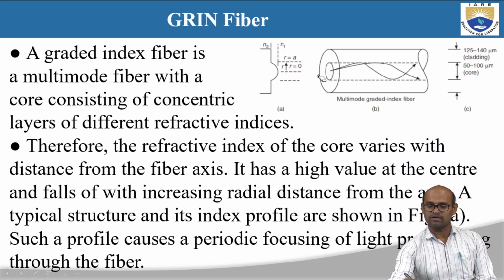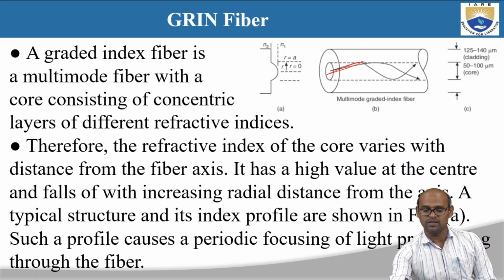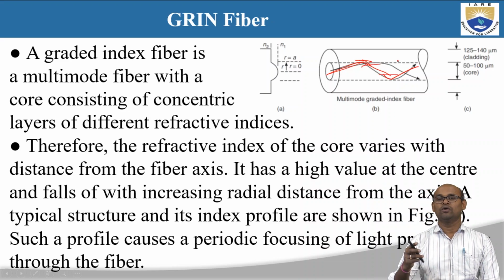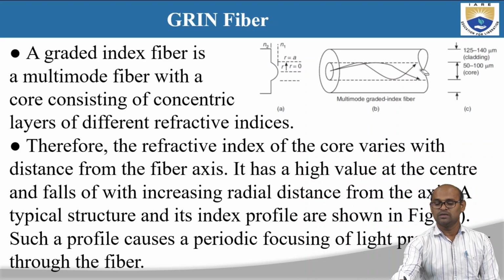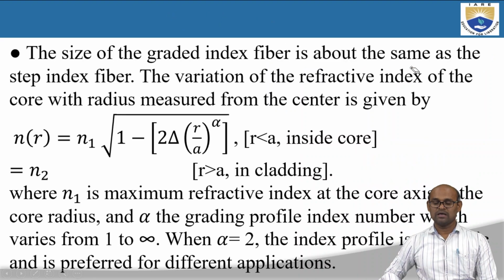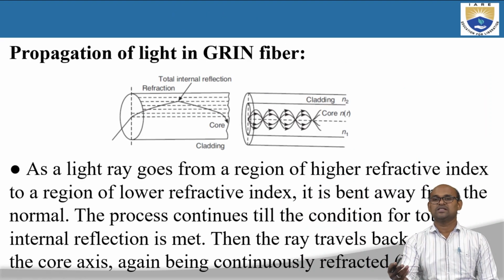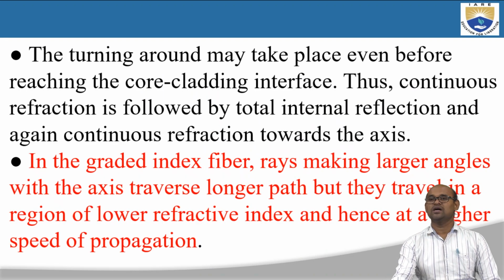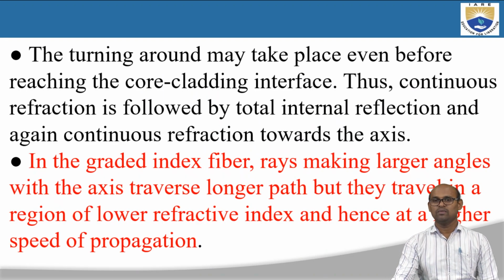So the rays that are traversing these longer paths, at this distance, the refractive index profile at these places is small. Because the rays that are traversing longer paths in which the refractive index is small, they are going to reach the output end at the same time as the rays that are traversing the smaller paths.